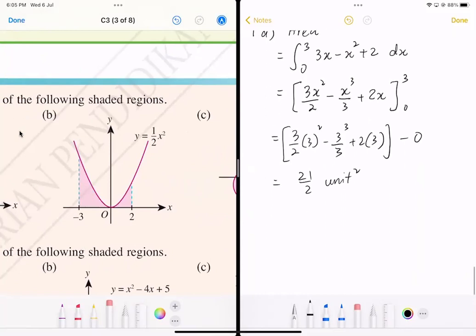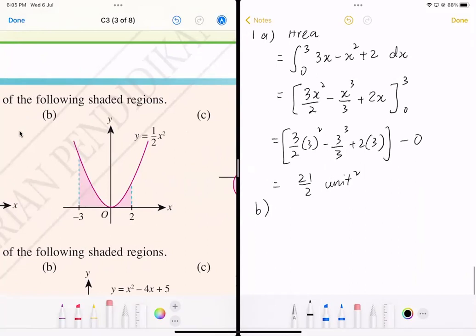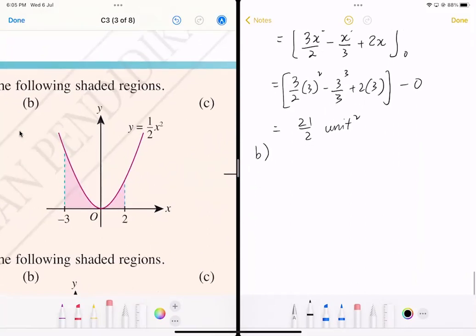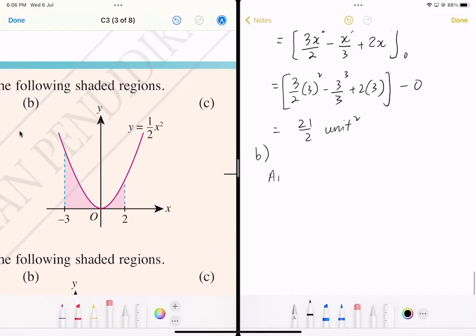Okay. Now look at B. Do you think B will be positive or negative? X-axis or y-axis? X, okay. So it's going to be integration from -3 to 2 of 1/2 x squared dx.